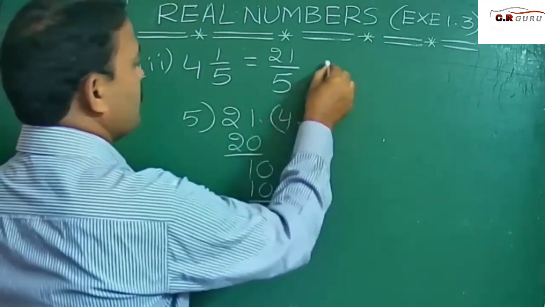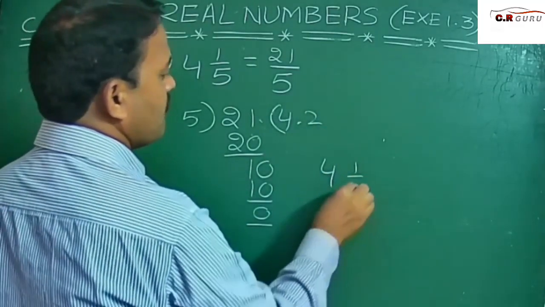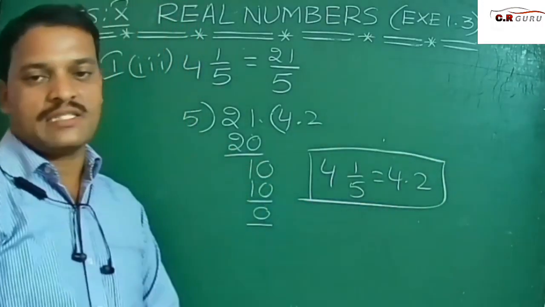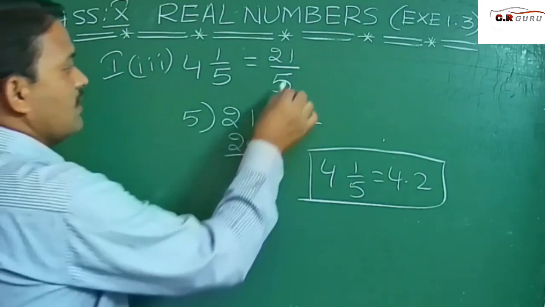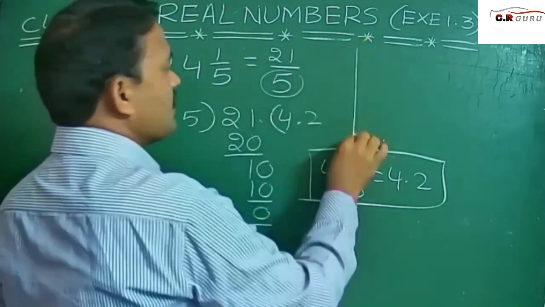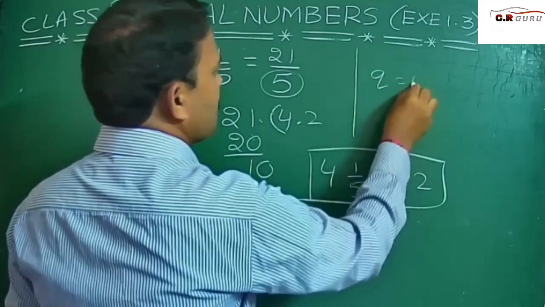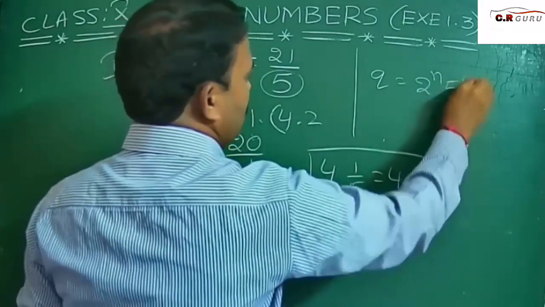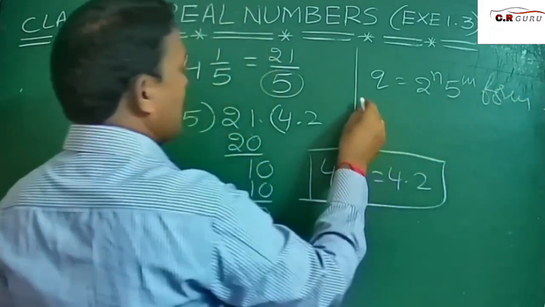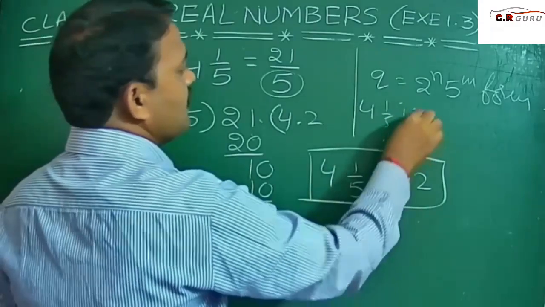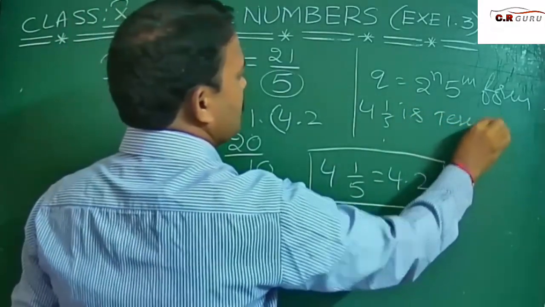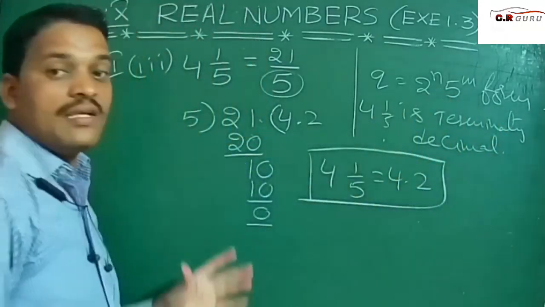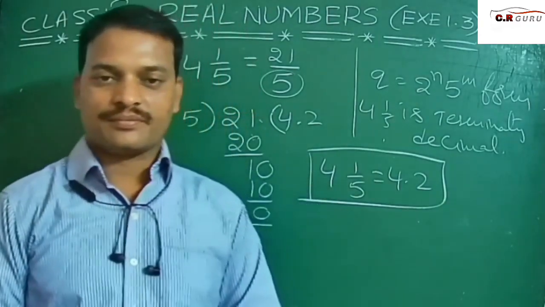That's why it is called a terminating decimal. 21 by 5, that is 4 1 by 5, equals 4.2, a terminating decimal. Also check the denominator: q is 5 power m, which is of the form 2 power n into 5 power m. So 4 1 by 5 is a terminating decimal. This is about the first problem.